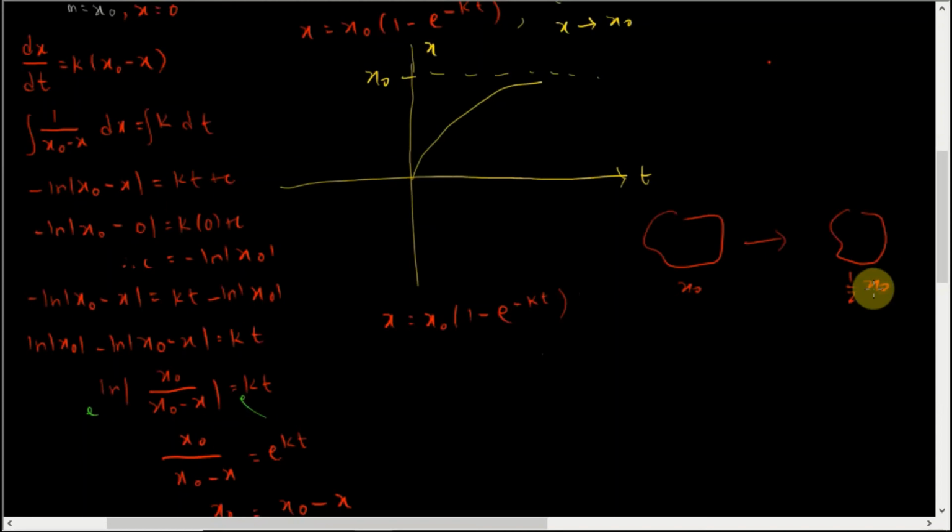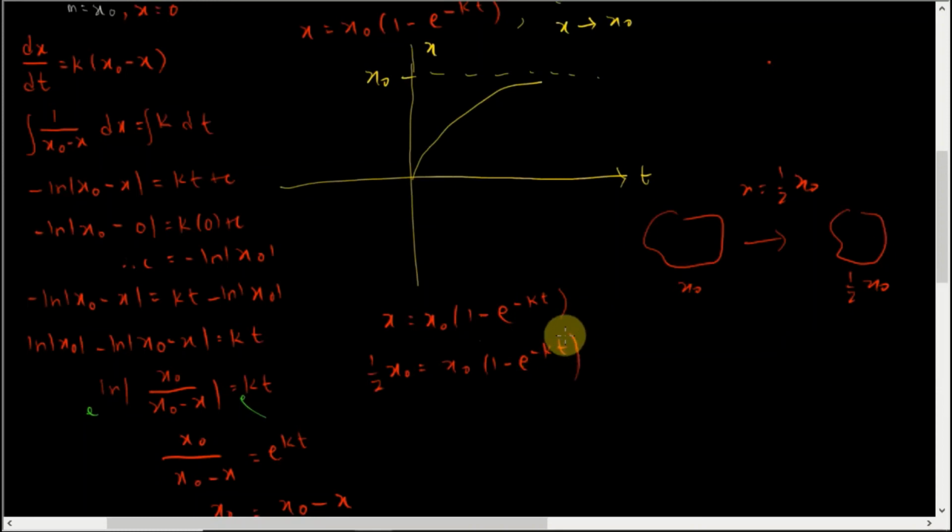Meaning half has decayed, so half is left. Therefore here in your x you should sub in half x naught. And then here x naught (1 minus e^(negative kt)).